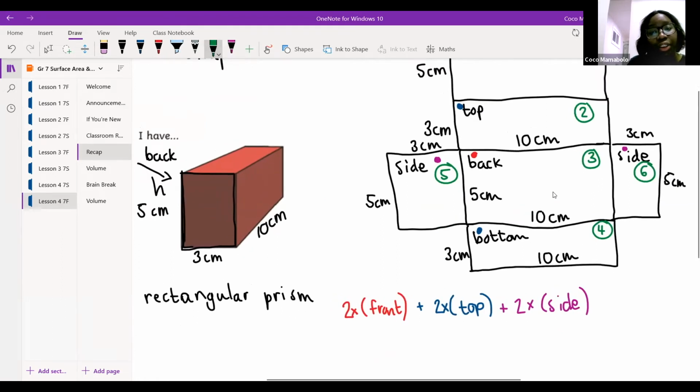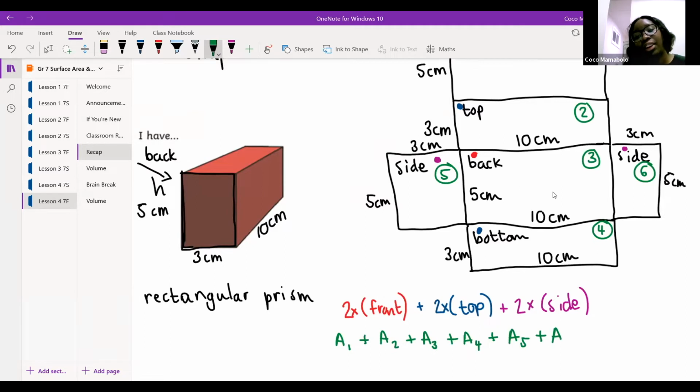Either 2 times front, 2 times top, 2 times side, or the area of number 1 plus the area of number 2 plus number 3 plus number 4 plus number 5 plus number 6, and you add them all up. You will see that both of us are going to get to the same answer.